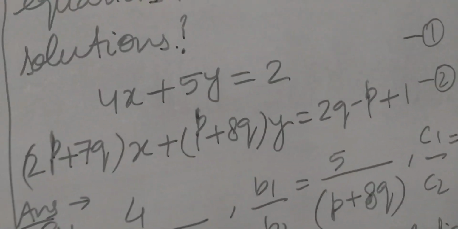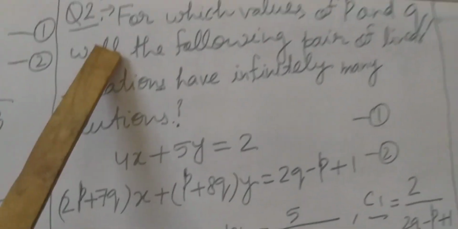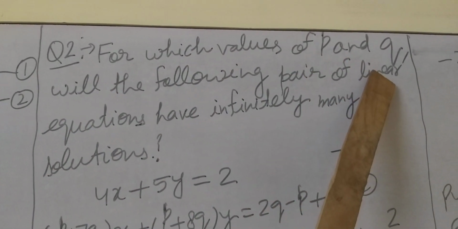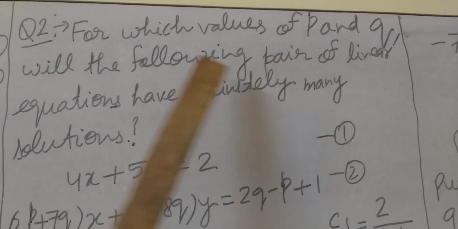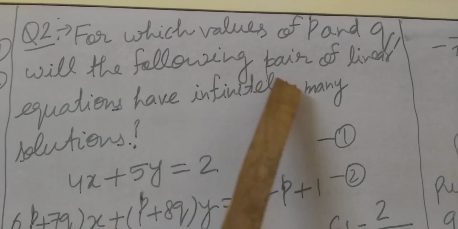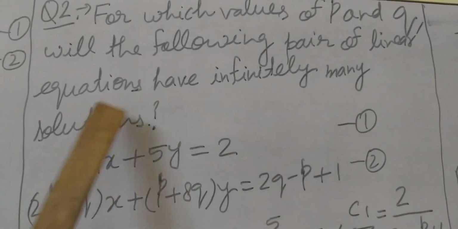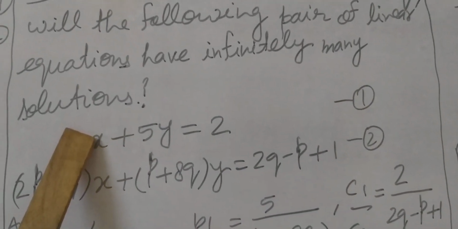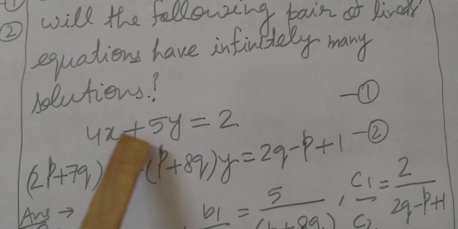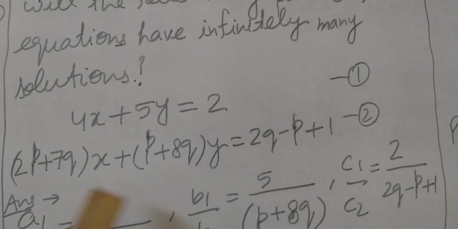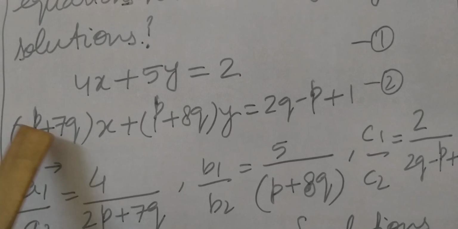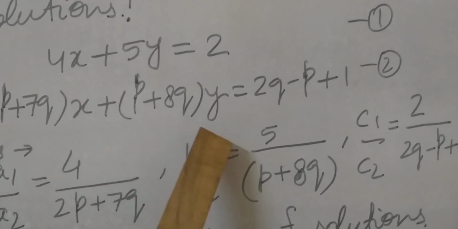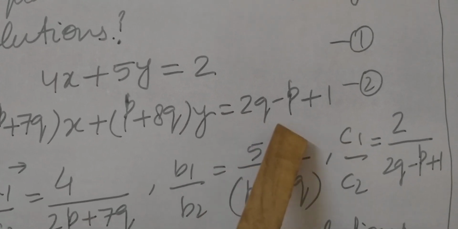Now students, next question. For which values of p and q will the following pair of linear equations have infinitely many solutions? The equations are 4x plus 5y equals 2, and (2p plus 7q)x plus (p plus 8q)y equals 2q minus p plus 1.